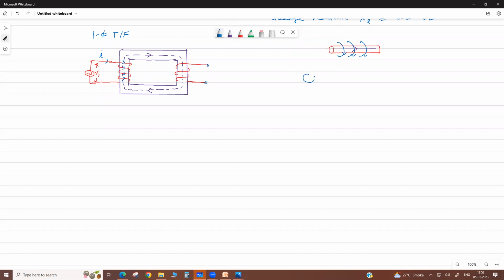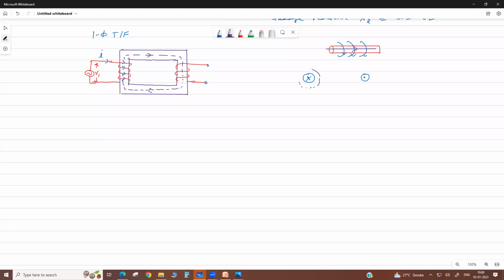So see, if this is your conductor cross section, where current enters we show with a cross, and we also apply the cork screw rule. Here, suppose current is outward, here it is inward. Here you also apply the cork screw: when we rotate it to tighten the screw, that is the clockwise direction, and this shows the flux.